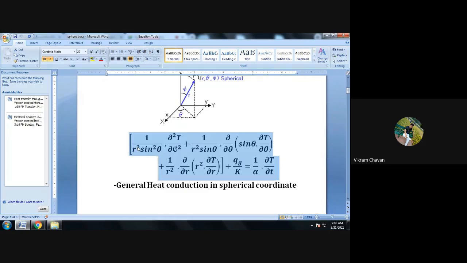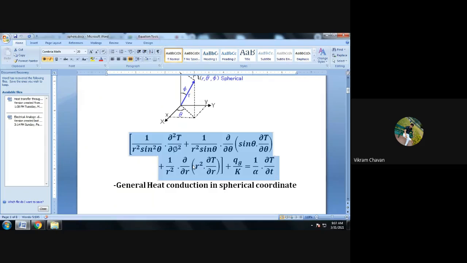The terms in the square bracket represent the spherical coordinate system and the temperature change with respect to spherical coordinates.